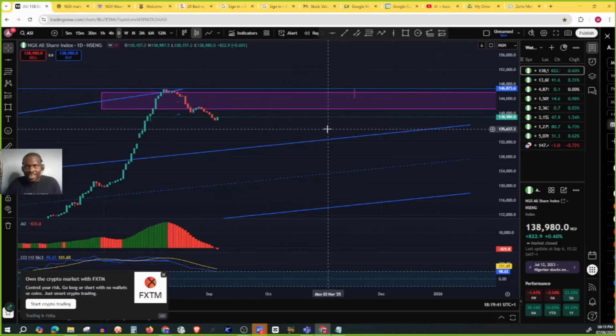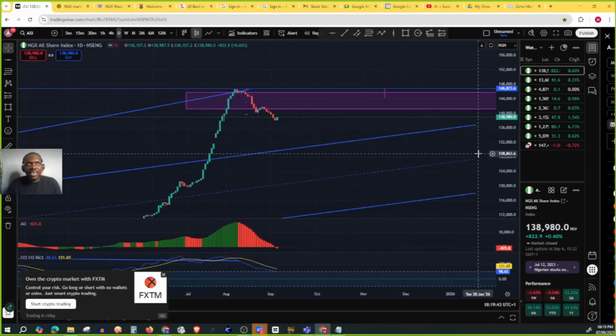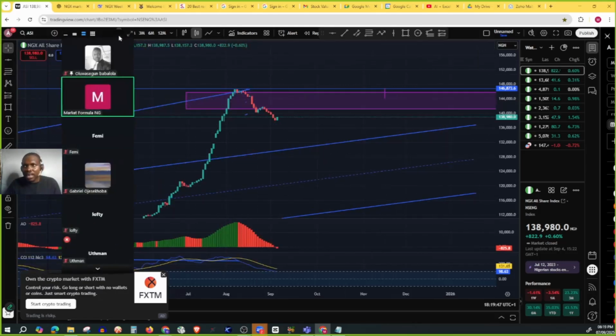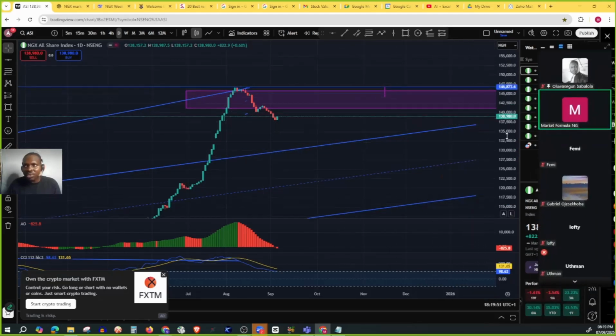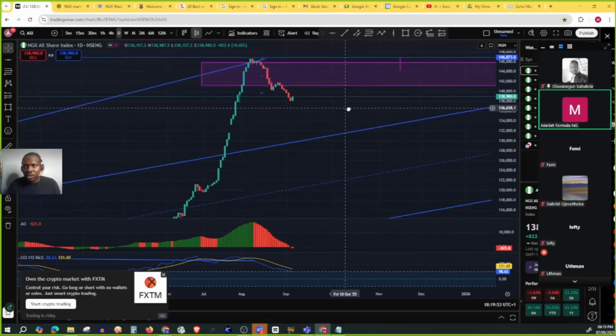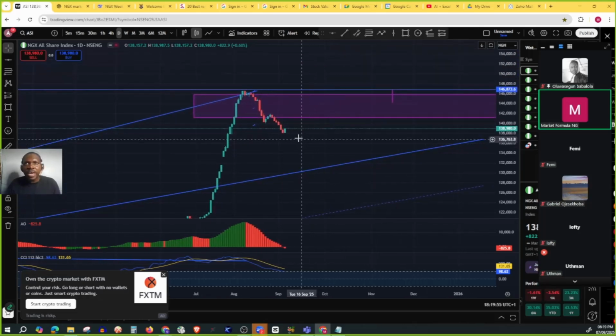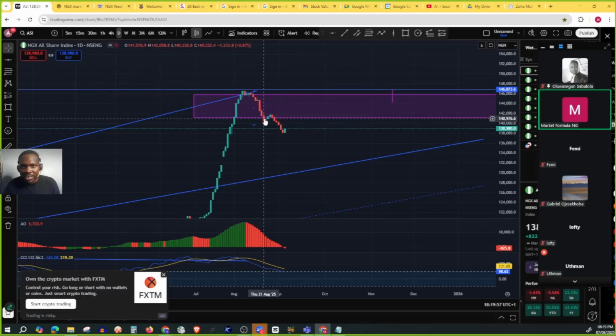So on the daily, you will notice that the market has formed a bullish engulfing. Thursday was the last trading day of the week. So for it to now form a bullish engulfing, and another strategy that I like to use to enter the market is that I want to enter when my awesome oscillator is switching to the negative side.